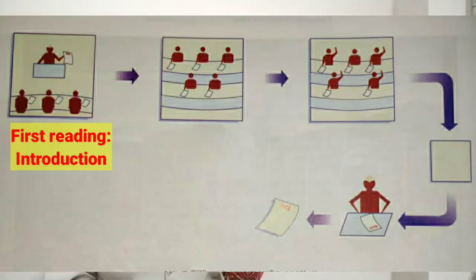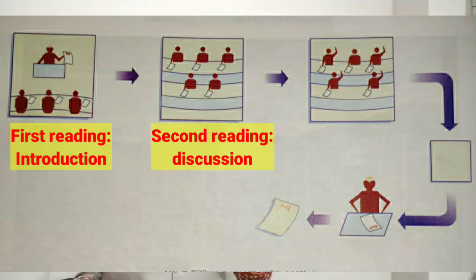The first stage is the first reading of the bill, and we can also say the introduction of the bill in the Parliament. The second stage is the second reading of the bill. After making the suggested changes, the bill is drafted again, and after that the bill is read out again in the Parliament. This is the second reading of the bill.